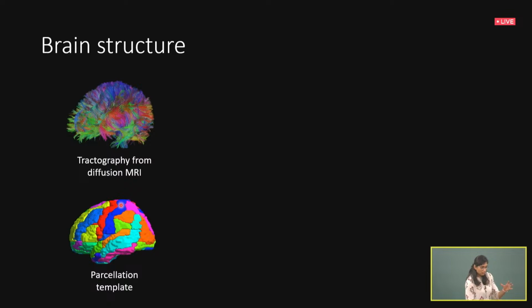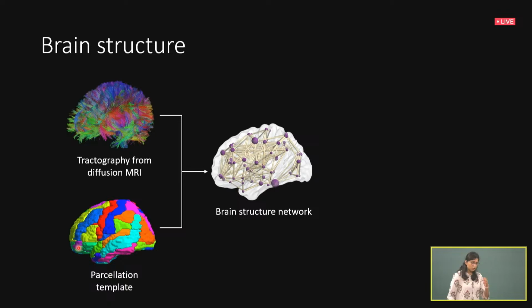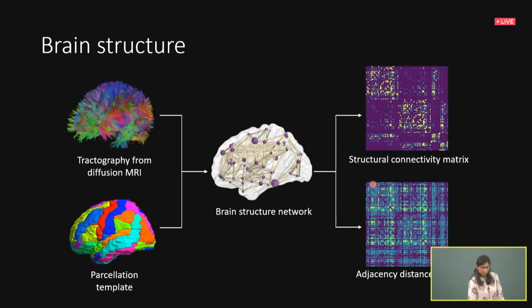The template basically divides the brain into a fixed number of regions with fixed boundaries. So once we project this wiring onto the template, we get a network. So this you can assume is like a graph where different nodes are regions of the brain and they are connected to different nodes, and we know the extent to which they are connected based on the number of tracks that are going from one region to another. So we get this network, and finally there are two matrices we get.